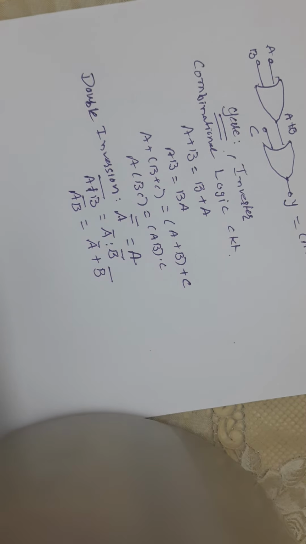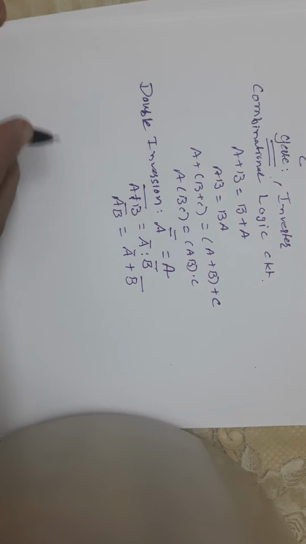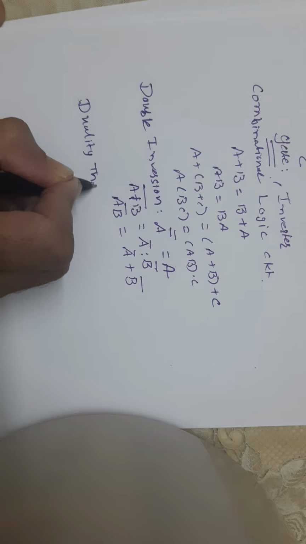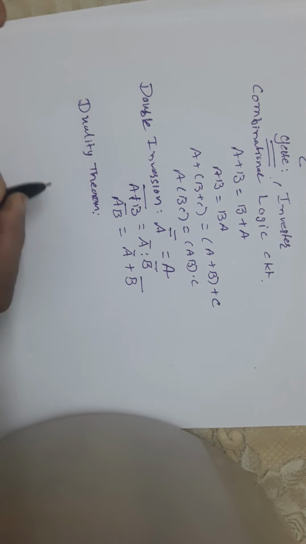Next one is the duality theorem. The duality theorem is one of those elegant theorems proved in advanced mathematics. We will state the theorem without the proof: changing each OR sign to the AND sign, changing each AND sign to the OR sign, and complement any 0 or 1 appearing in the expression.